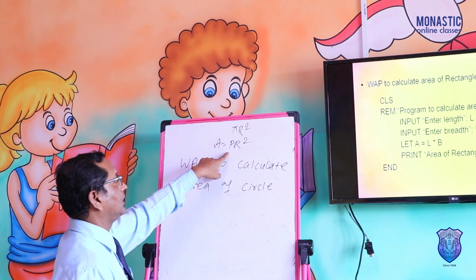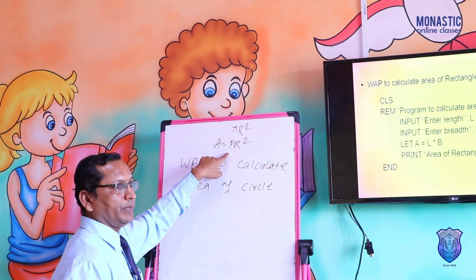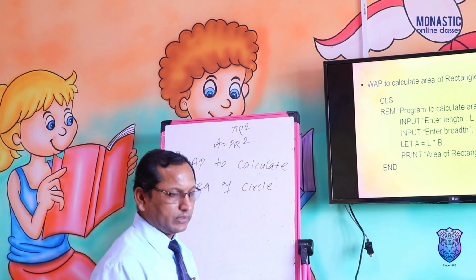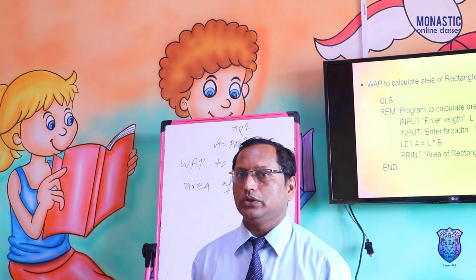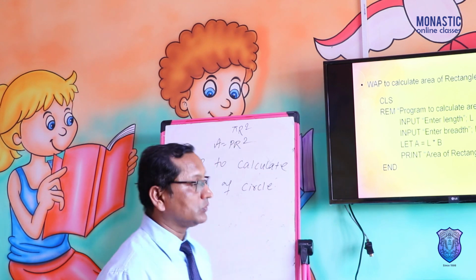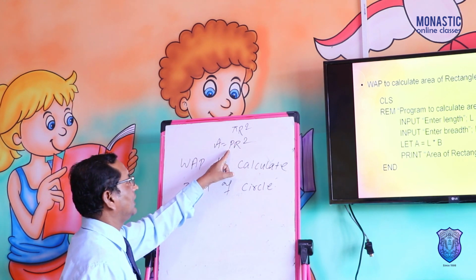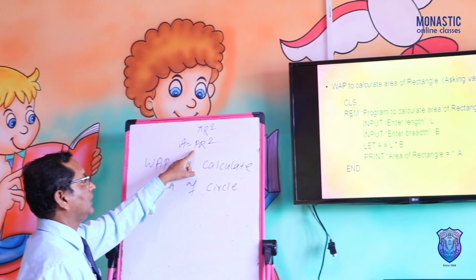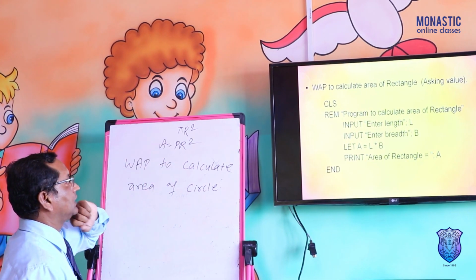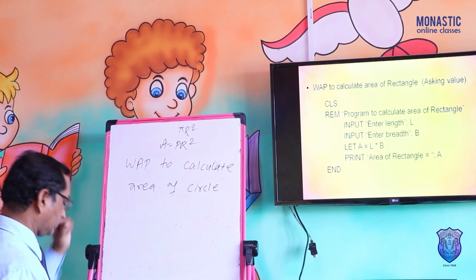So I have written the word variable P here. You can write anything as a variable. Instead of the symbol, I have written P, because a symbol is not used as a variable.